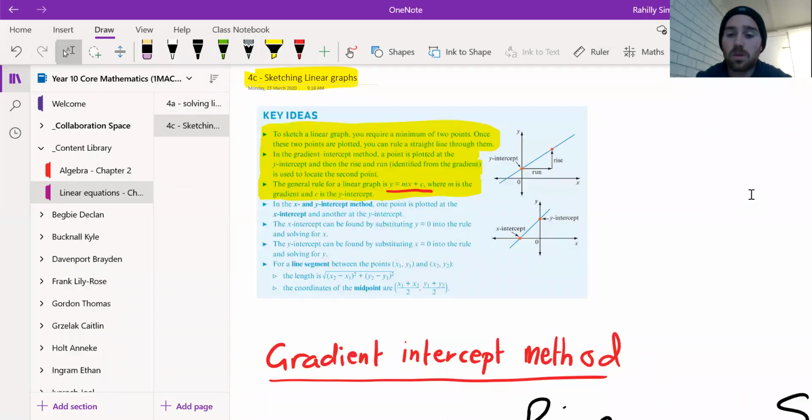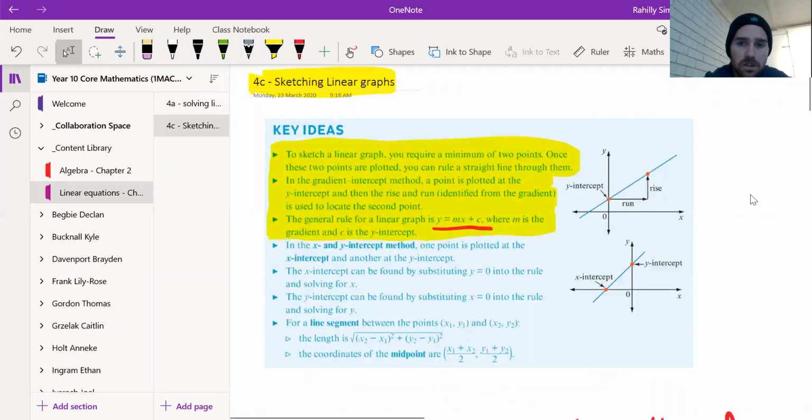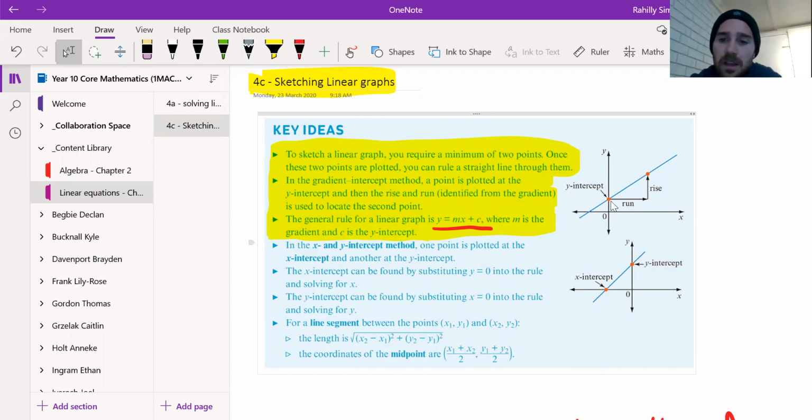All right, so that's all you're going to be learning for today. I'll quickly go over it again. We're looking at sketching linear graphs, which means straight lines. We are only looking at the gradient-intercept method for now, which is y equals mx plus c. All you're going to have to do is plot your y-intercept first and then use your gradient, which is the m, to work out where our second point is. You've got your rise and your run.